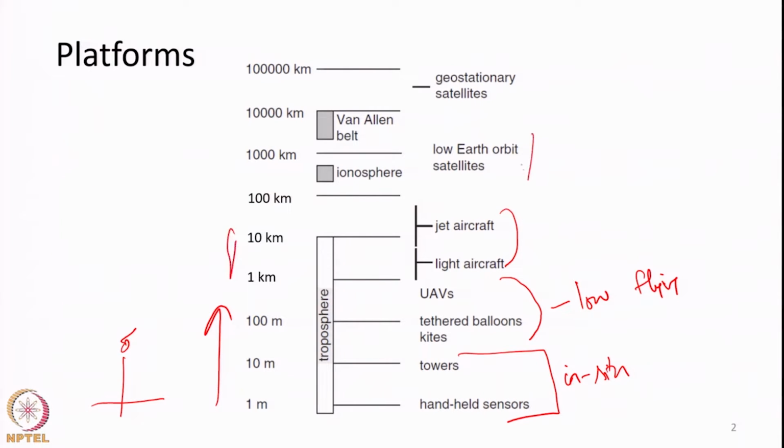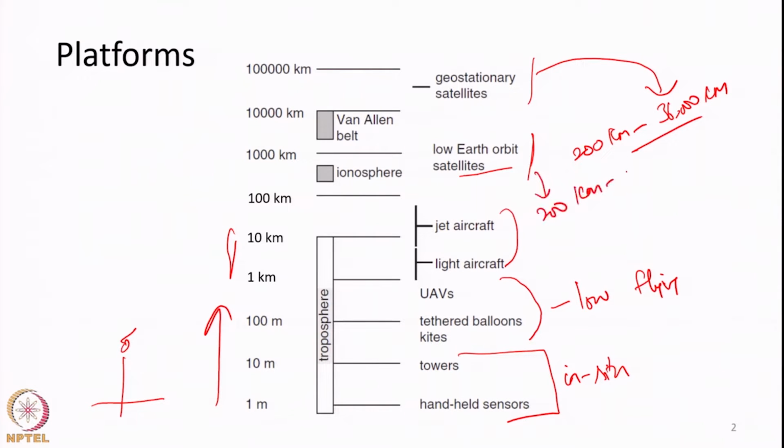Then we have satellites, in the altitude range of 200 kilometers up to, most often, 36,000 kilometers for earth observation, but we can place satellites at a very far distance also: low earth orbit satellites and then geostationary satellites. Low orbit satellites are typically in the range of 200 kilometers to 2000 kilometers.